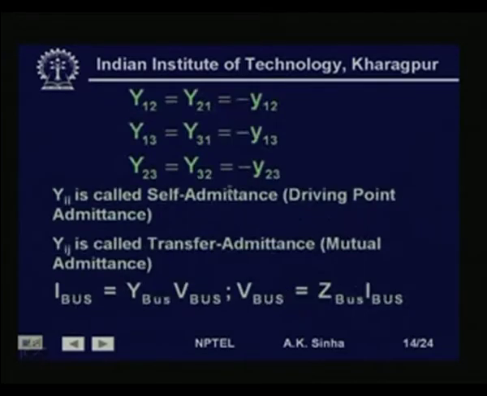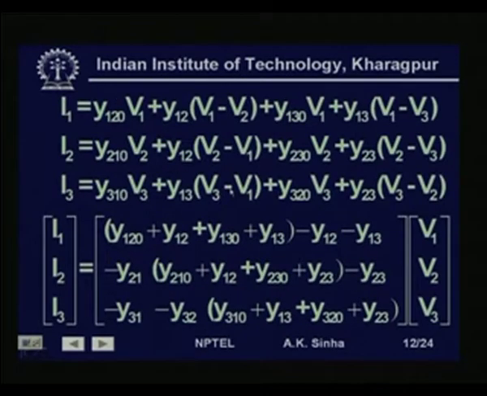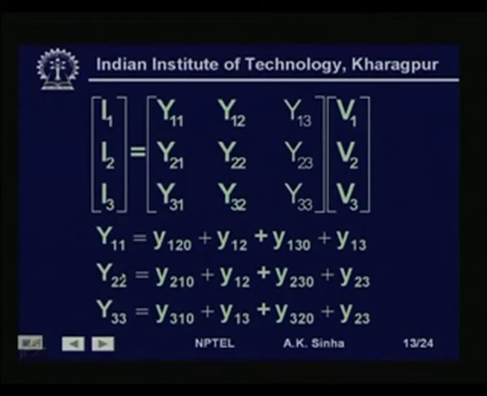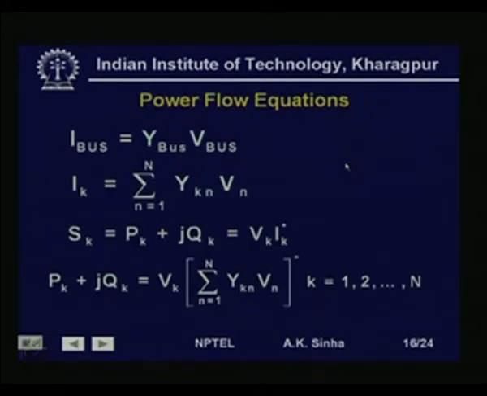If we go back and see here, I2 is equal to y21 into V1 plus y22 into V2 plus y23 into V3. So it is summation of Ykn into Vn, which is what we have written here.